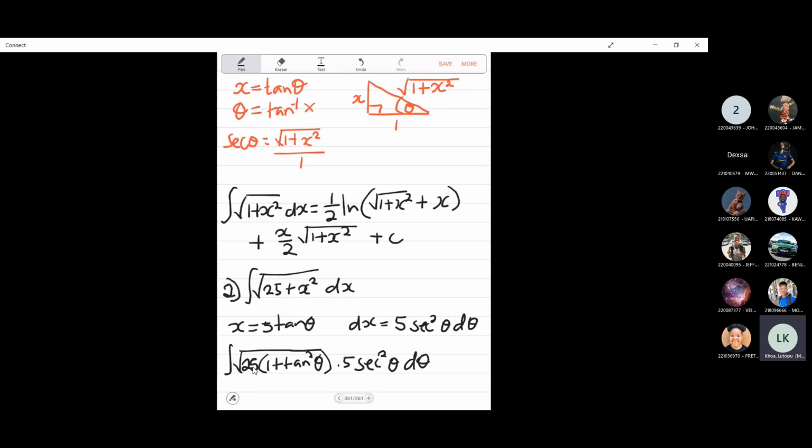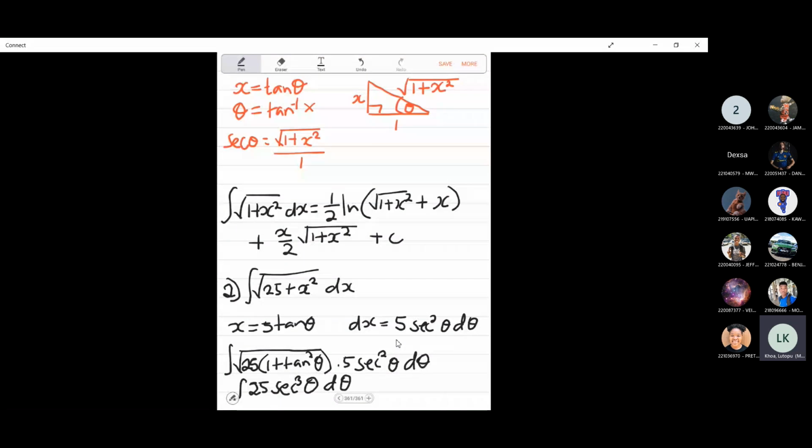So the square root of this, we know that 1 plus tan squared theta is sec squared theta. So we have 25 sec squared theta under a square root. That is 5 sec theta. So we have 5 sec theta times 5 sec squared theta. That gives us the integral of 25 sec to the power of 3 of theta d theta.